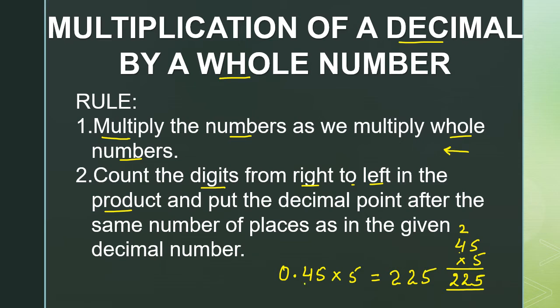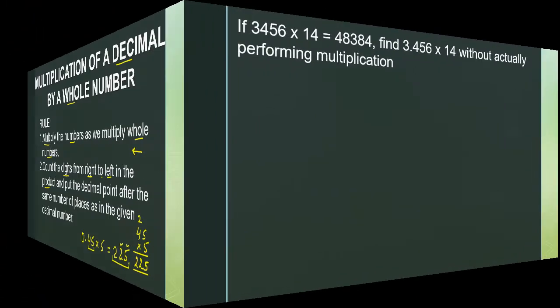Here we can see that after the decimal there are two digits in this number. So in the product from the right side we will count two digits, 5 and 2, and then place the decimal here. So the product will be 2.25. Let us do some more questions based on this concept.